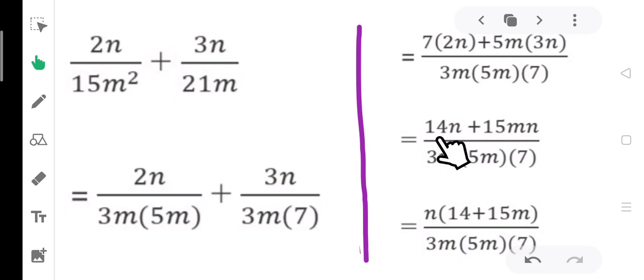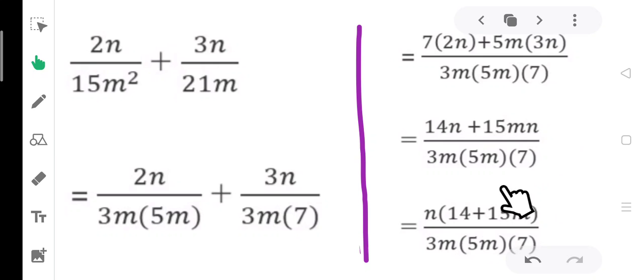In the numerator, 14n plus 15mn, we have the common monomial factor, which is n. So we're going to factor. So n is the common monomial factor. So the other factor would be this one. Since 14n divided by n is 14, then positive 15mn divided by n is 15m.